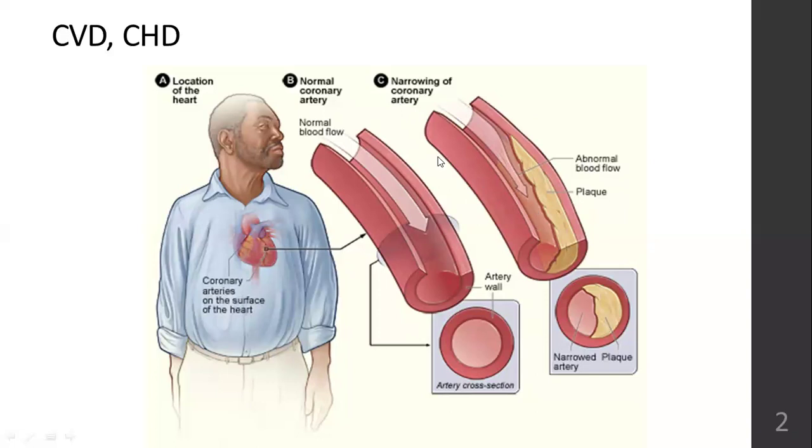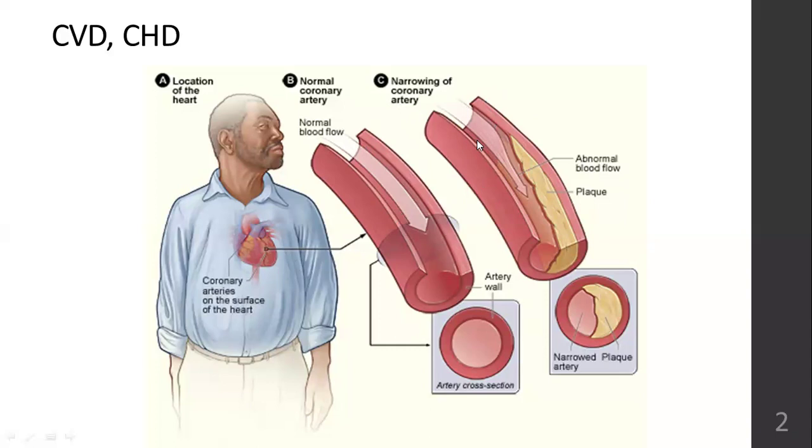This is the coronary artery, which supplies blood to the heart. A healthy coronary artery has no blockages, and then there is a coronary artery which has a blockage or a plaque, where atherosclerosis has started.